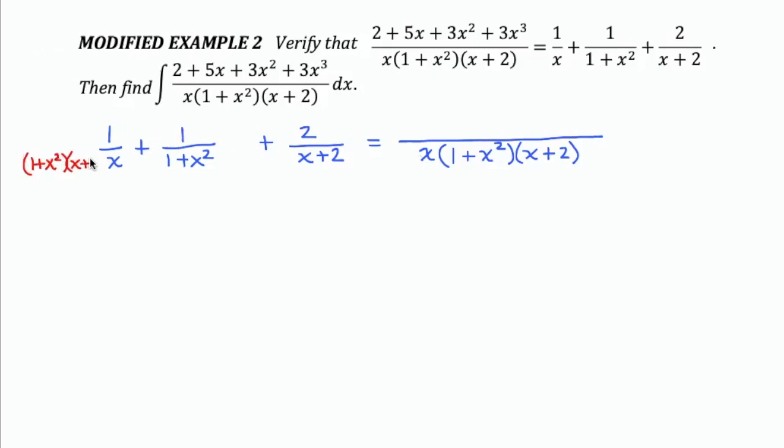So that's what I'm going to want to multiply the top and bottom of that fraction by. The middle fraction has the middle factor in its denominator. It's missing the x and the x plus 2. So that's what I'm going to multiply this one by, top and bottom.